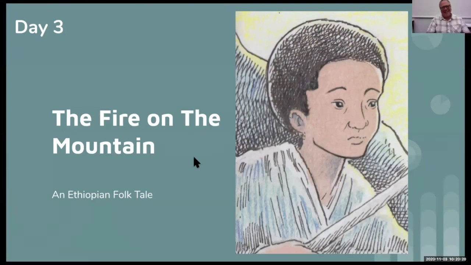Well, guys, we're going to finish our reading of Fire on the Mountain, that Ethiopian folktale. Wonderful story, and it shows a lot about how lessons that characters learn can be absorbed and enjoyed by different cultures.